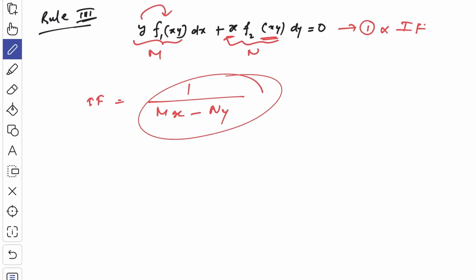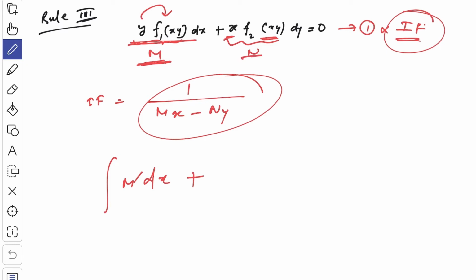Then we are going to integrate this whole part after multiplication by the integrating factor. Suppose this part, after multiplication of the integrating factor with M, becomes M dash dx, and the next term becomes N dash.